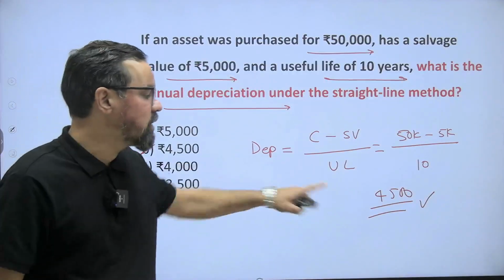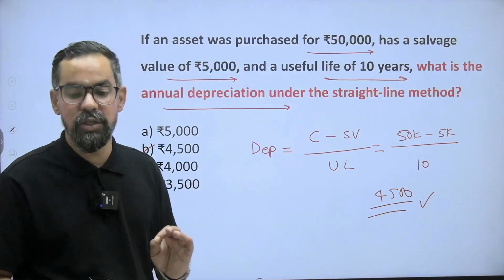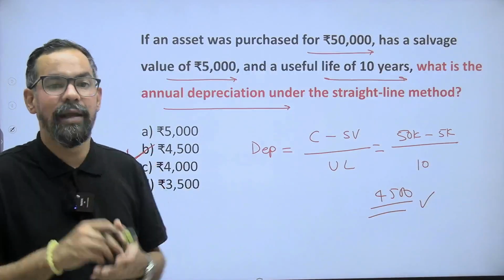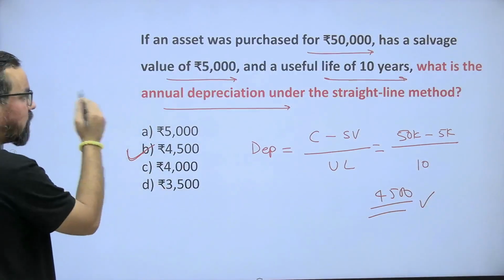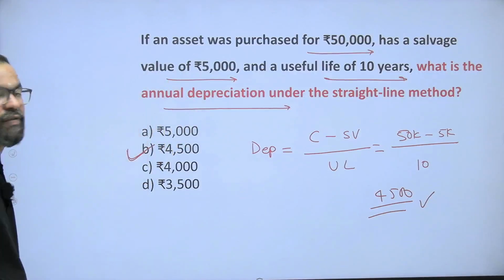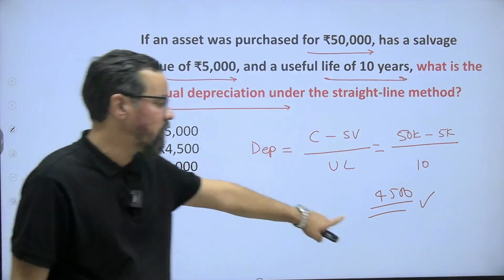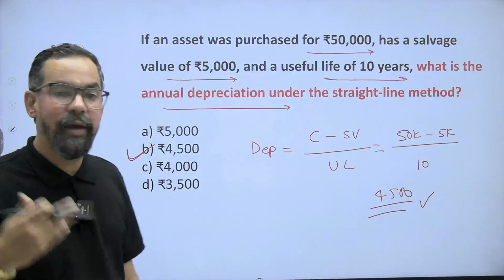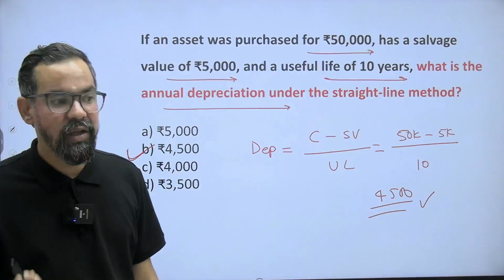Every year this company is going to account depreciation at the rate of 4,500 in their books. Every year they'll decline that particular balance by the depreciation amount.